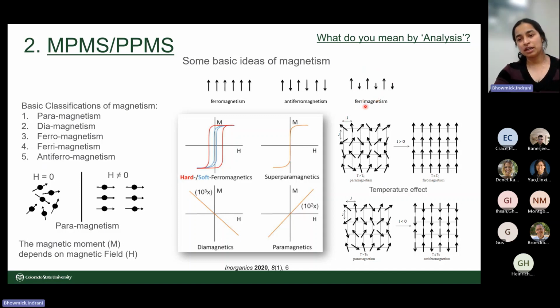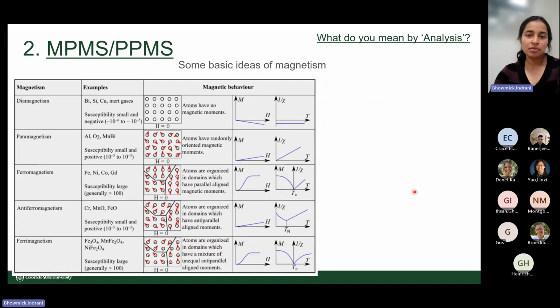What happens with temperature here is that at some temperature all the spins will become random anyway, and there's a different name for that, the critical temperature, at this end. This is an example for a ferromagnet, and this is an example for an antiferromagnet in this case. So here again are some very basic responses that we will get.